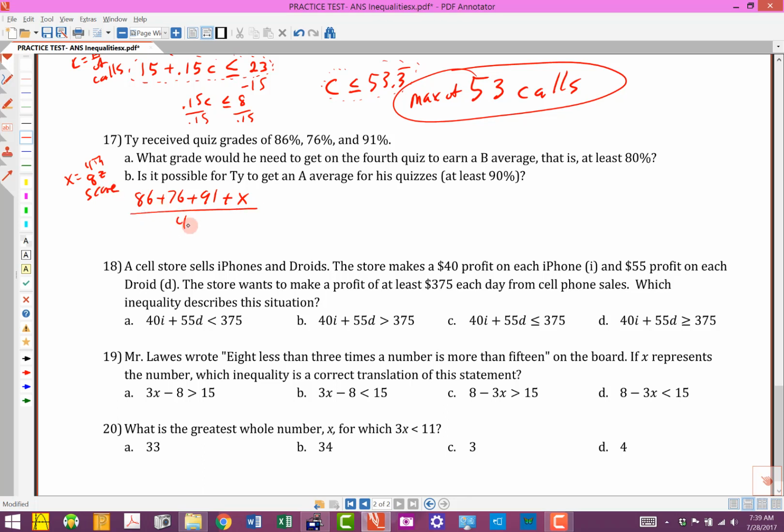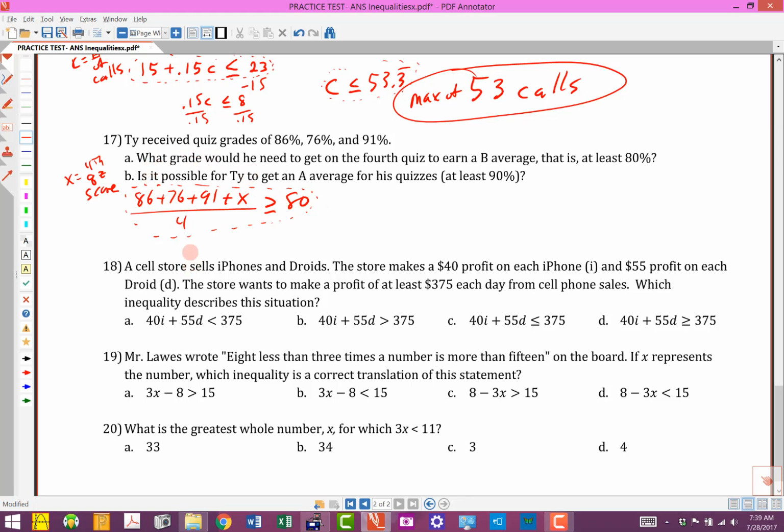We're going to divide that by 4, and he wants to get at least a B, so that's at least an 80%. So we're going to compare that to 80%. He's okay if he gets more than 80%, but he's also okay if he gets exactly 80%. So there's the inequality that we're going to set up here. So that's the answer as far as inequality goes for the first part.